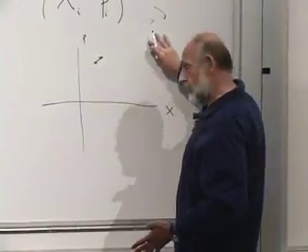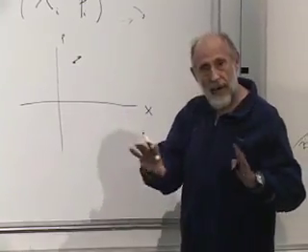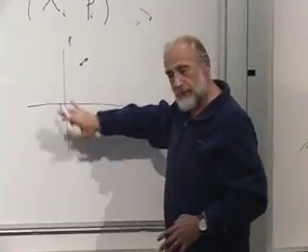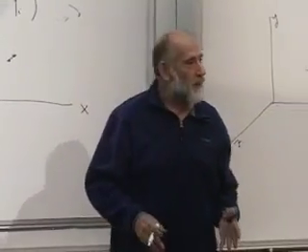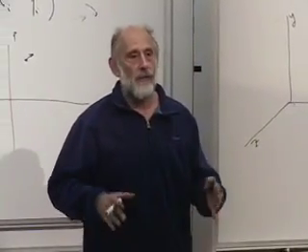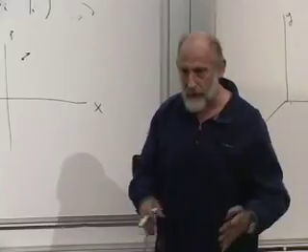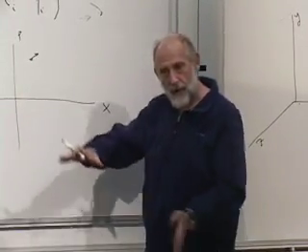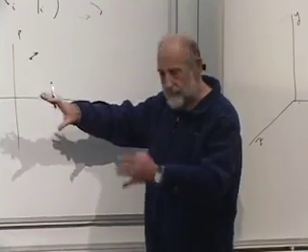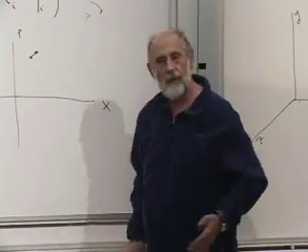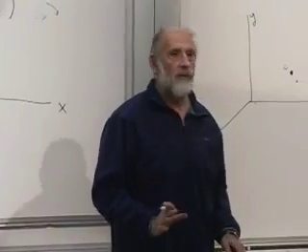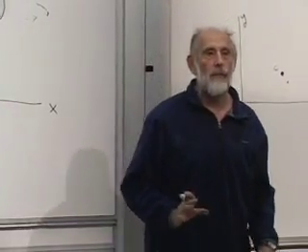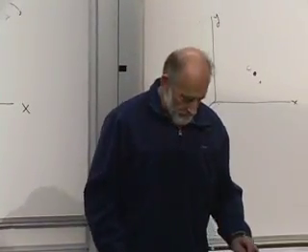Wherever you are, you know where to go next. And if you were to imagine populating the phase space, that would mean taking a lot of identical systems and starting each one at a different point in the phase space and watching them as they evolve. That would define a flow in this phase space. And it's that flow in the phase space that Hamiltonian mechanics is all about.